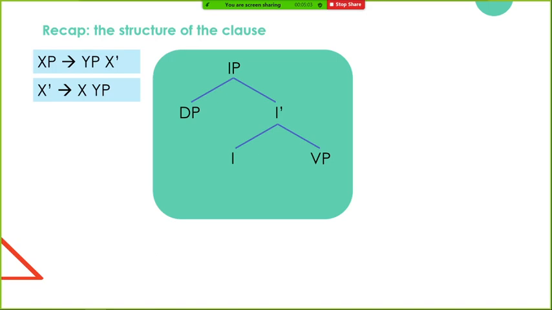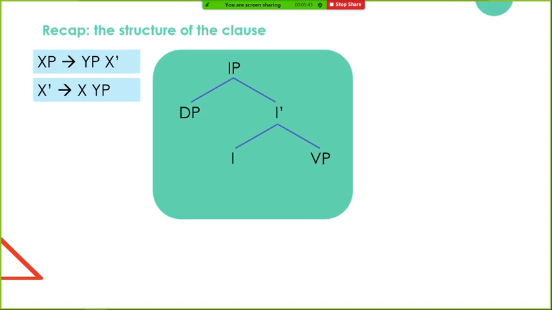Then the first rule puts the top on the phrase, so the XP is made up of a specifier phrase in front of the X bar, and that's as far as the whole thing goes. So there are these three levels: the phrase level, the bar level, and the head level, the zero level sometimes it's referred to as.